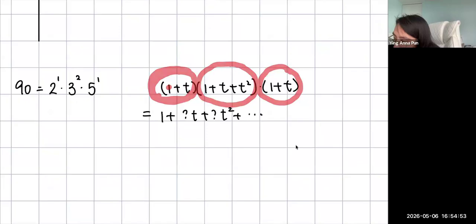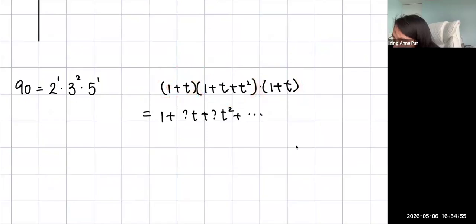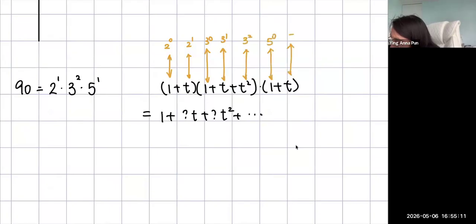The 1 corresponds to 2 to the power 0, and t corresponds to 2 to the power 1. Same thing, this is 3 to the power 0, this is 3 to the power 1, 3 to the power 2. This is 5 to the power 0 and 5 to the power 1.